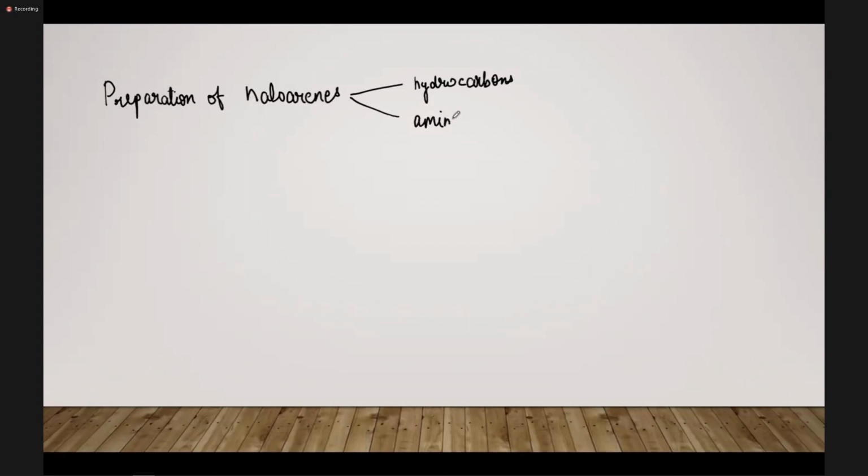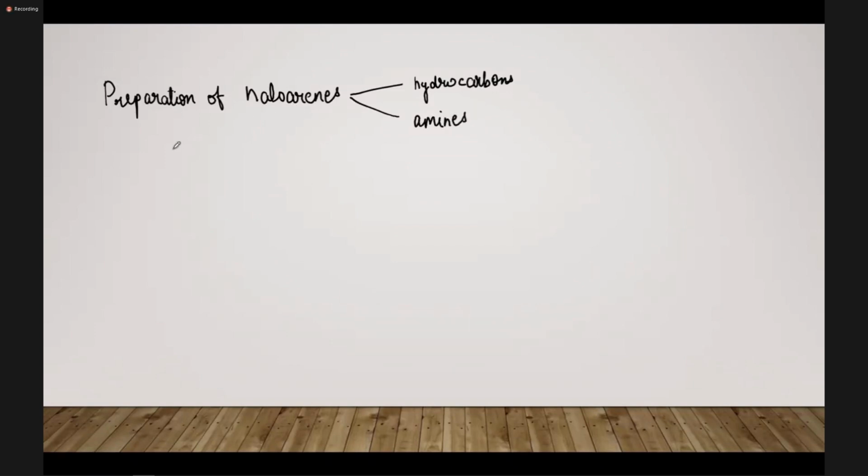So we are starting with the preparation of haloarenes. In this, we will only study two methods. The first one is from hydrocarbons, and the second is a special reaction known as the Sandmeyer's reaction, which uses amines.